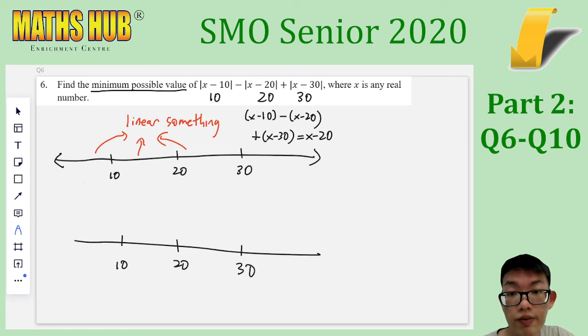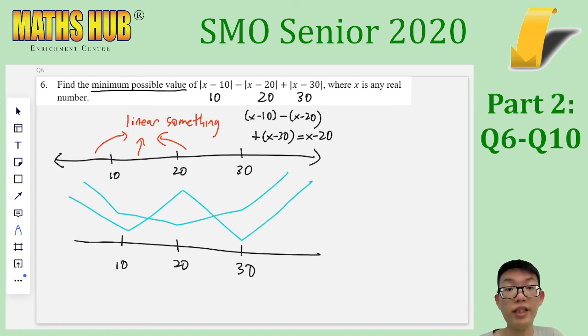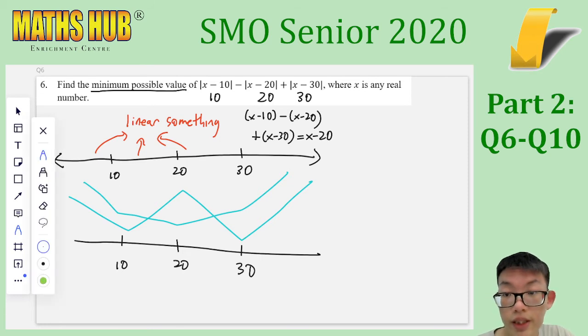So for instance, maybe it looks something like this. Maybe it looks something like this. Now I really don't know how it looks like without checking each of these cases, but that is enough to tell me I only need to check the minimum.